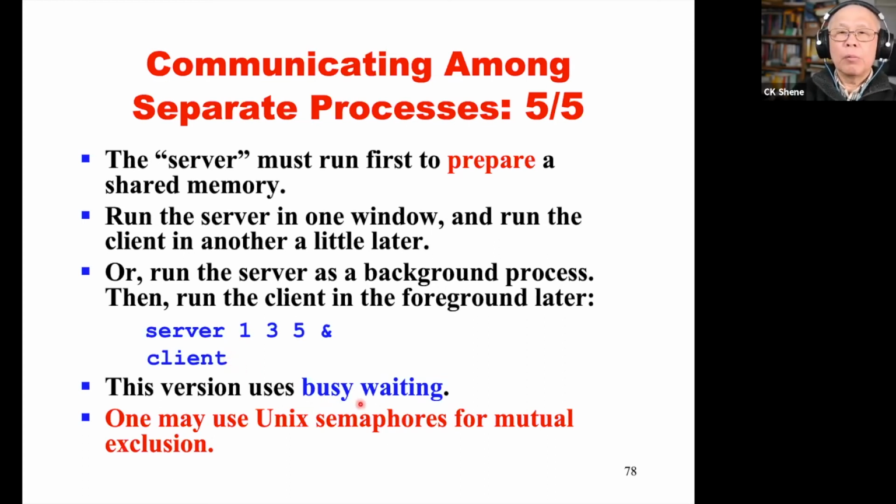The meaning of busy waiting is we use a very tight while loop, continually checking some condition. If it's not there, it loops back. So this is a very tight loop checking for a condition until that condition is met, and then we get out. This is referred to as busy waiting.